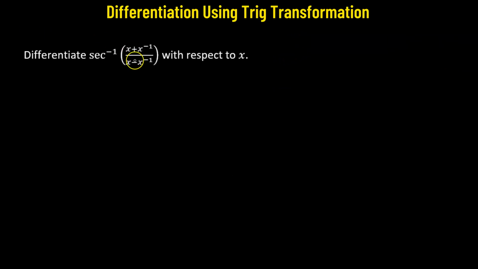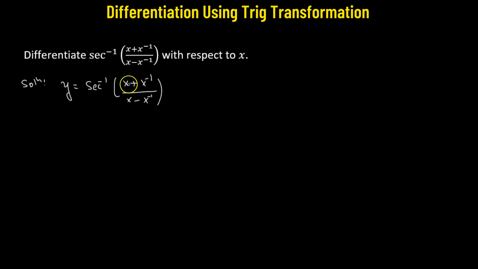So we have to differentiate the given secant inverse function. Let's begin by considering y to be equal to secant inverse of (x plus x inverse) divided by (x minus x inverse).